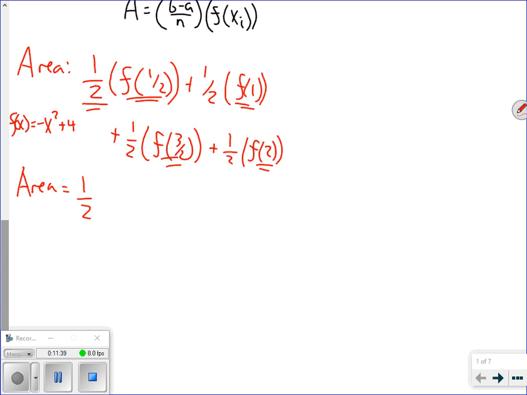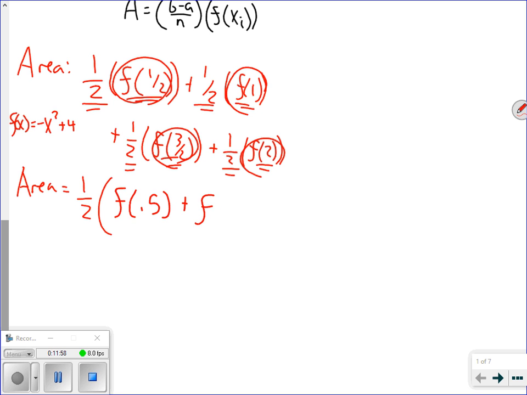Because they all have an equivalent base of 1/2, I just take that out as a GCF, and I'm left with f of 1/2 plus f of 1 plus f of 3/2 plus f of 2.